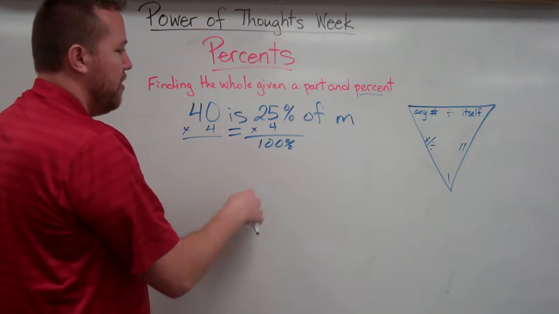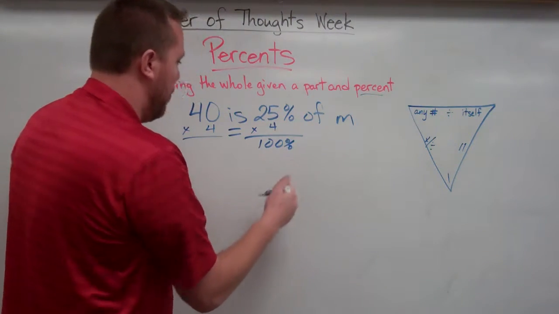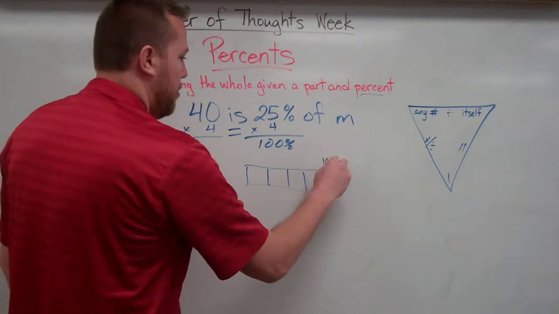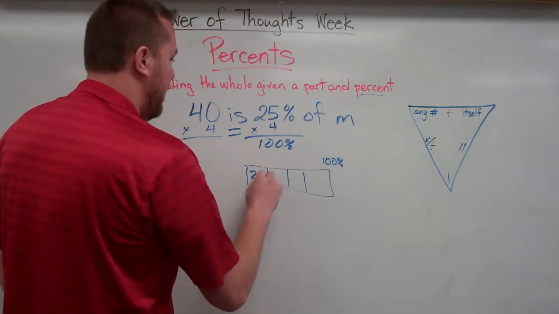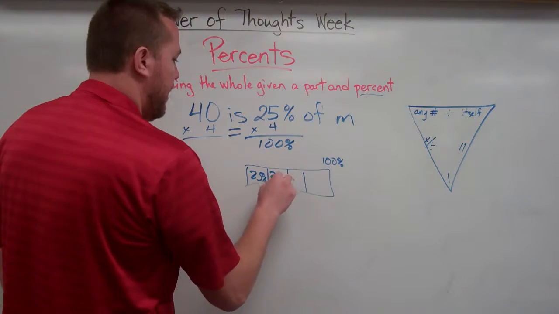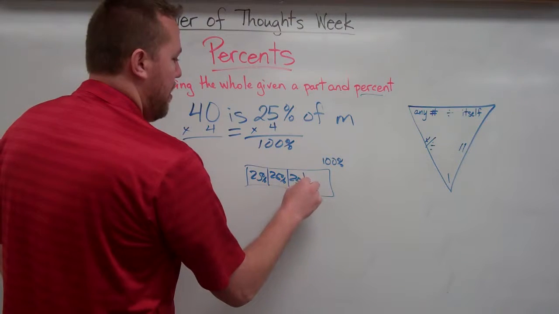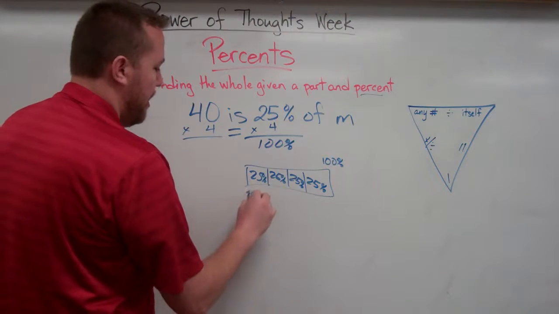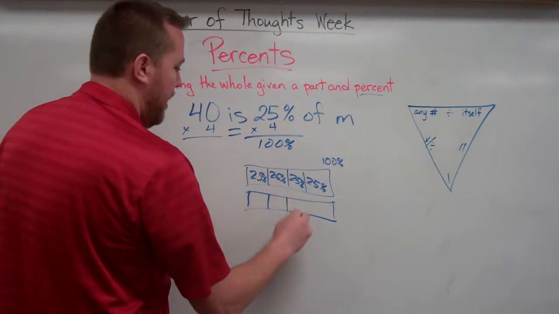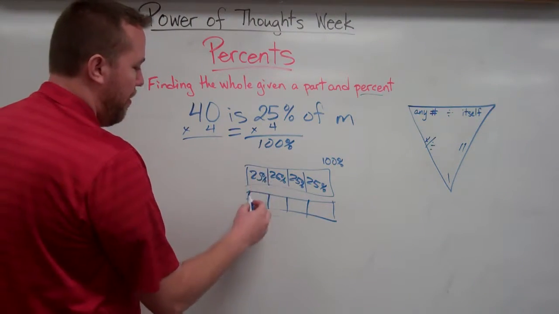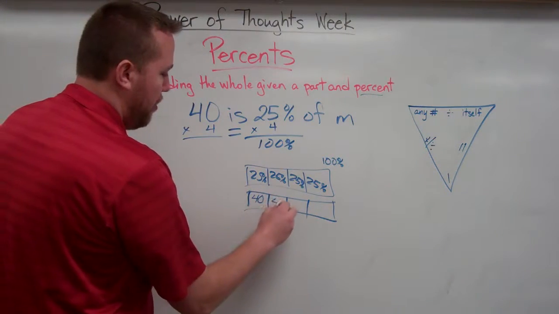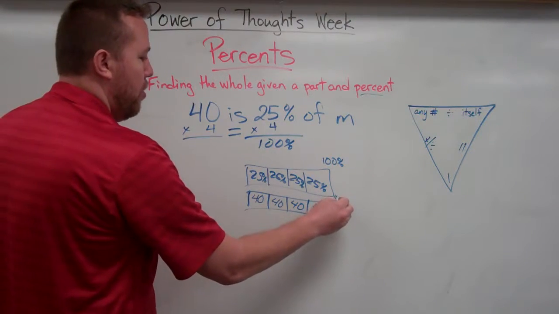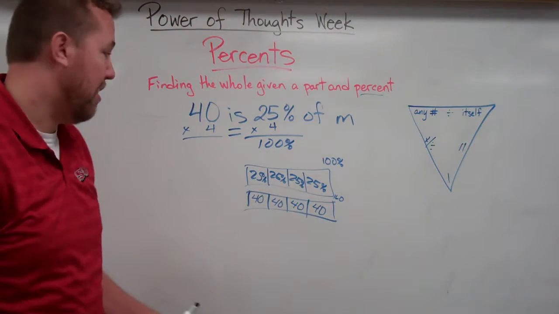Because 25 goes into 100 4 times, 100%, each of these being 25%, then I just multiply the other side by the same thing. Each 25% equals 40, so we have 4 parts of 40, which is 160.